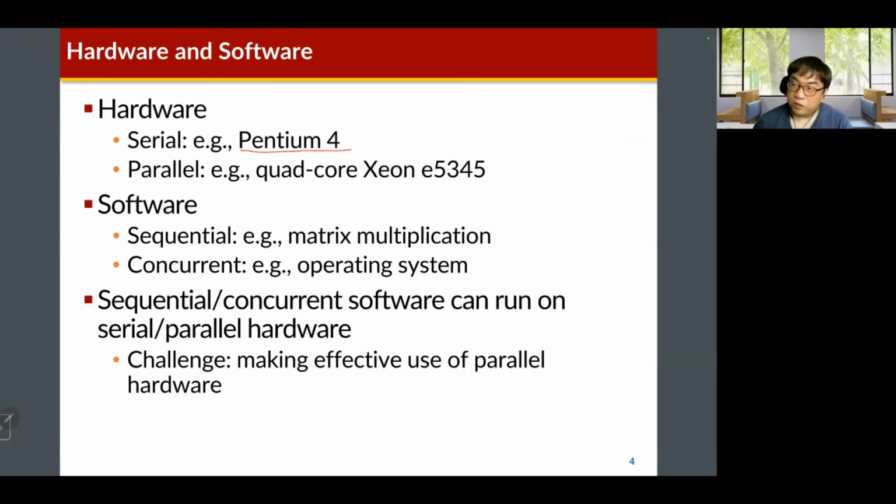But recently we use multi-core CPUs like this parallel hardware. With this parallel hardware, a single CPU chip has multiple cores, like the quad core. This is an example of the Xeon processor with just 4 cores.